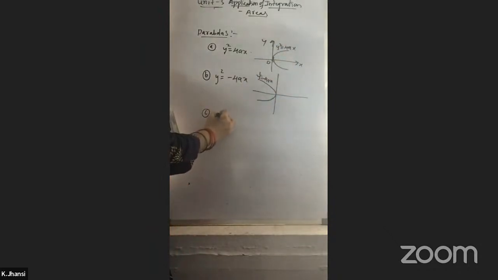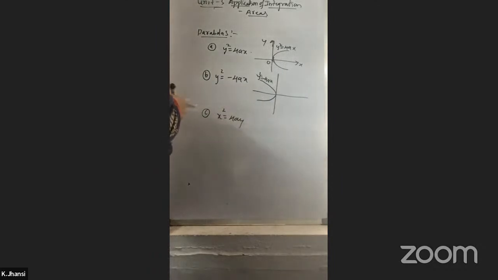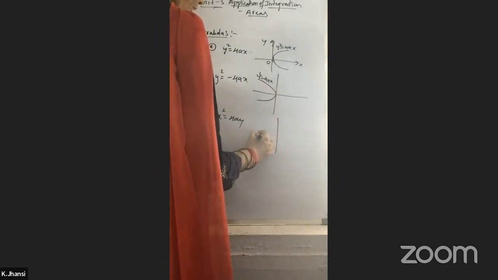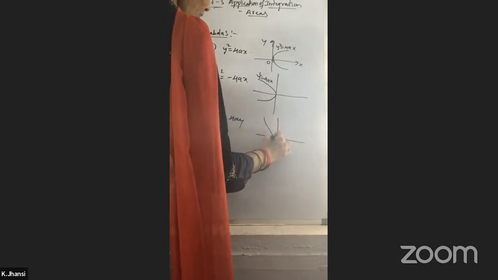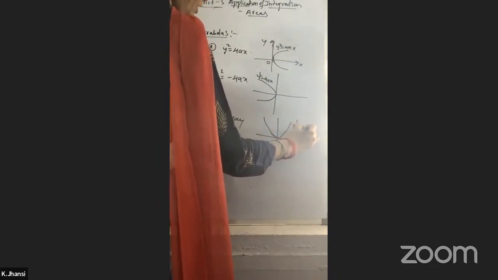Next, C1 is x square equals 4ay. This is the right hand side and this is the left hand side. So like this, upward.